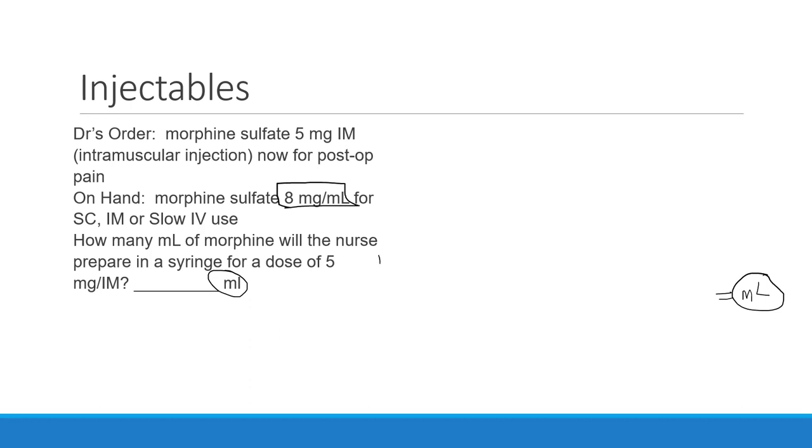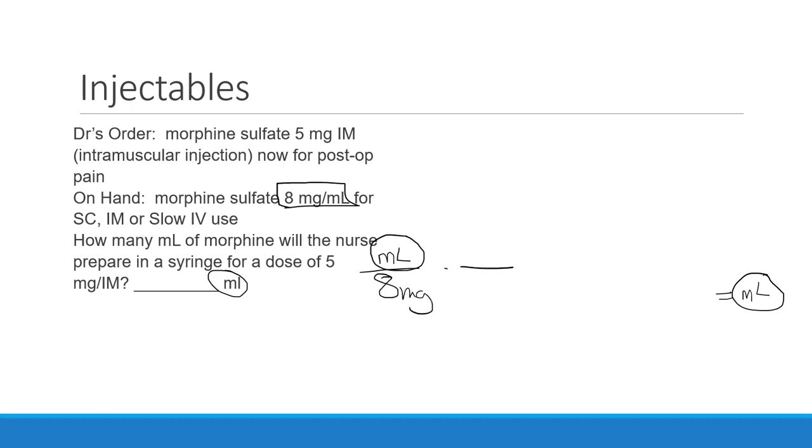Going back, I'm going to put mLs on top using dimensional analysis, and the reason is because I want to start with where I'm ending. I'm going to circle that, because we basically have two little mirrors here. Underneath it, I'm going to put 8 milligrams.